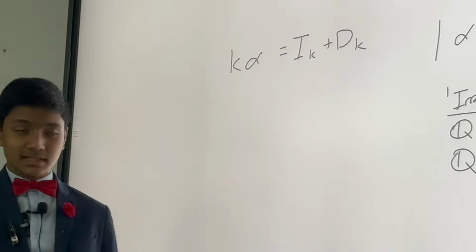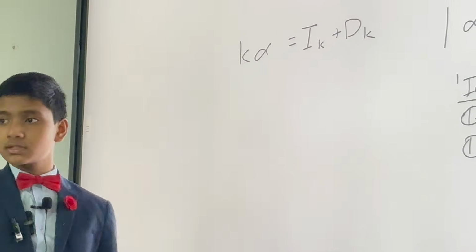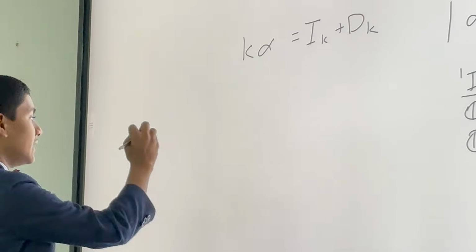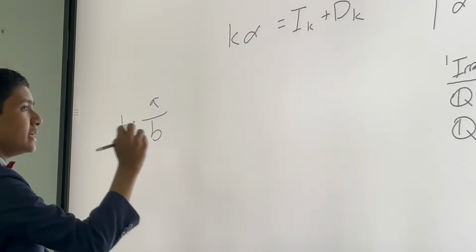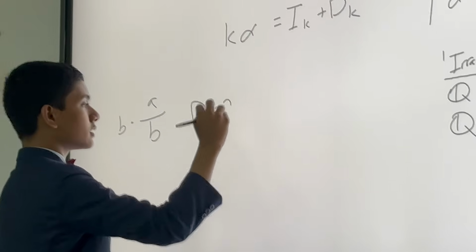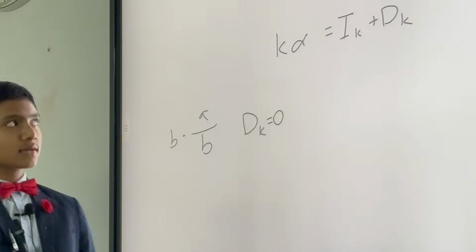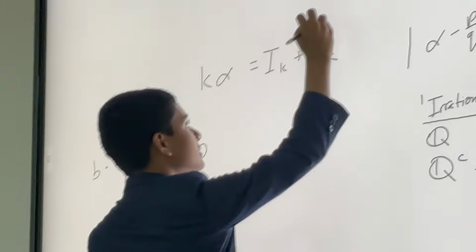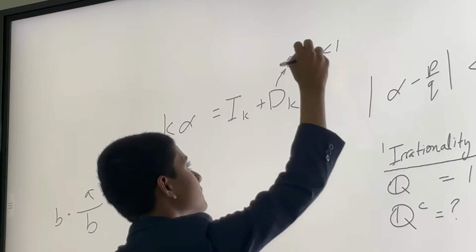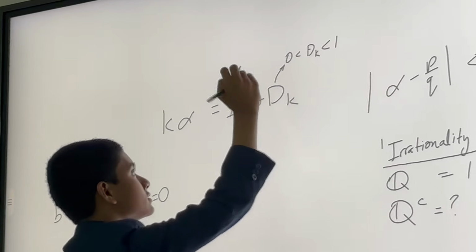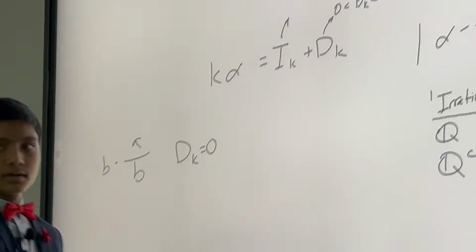What you'll notice is immediately this does not work for rational numbers, because if rational numbers can be expressed as a over b, then multiplying it by b totally removes the non-integer part. So this is going to be non-zero, and this is always just going to be an integer.